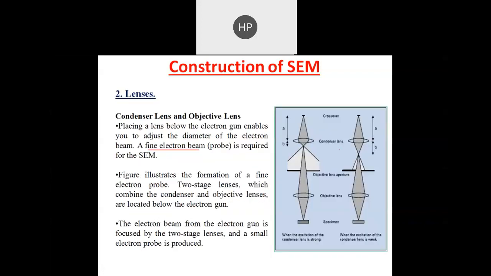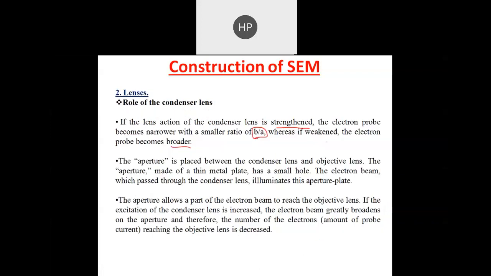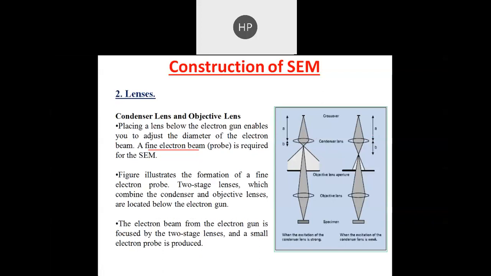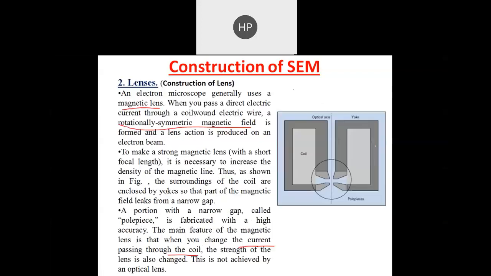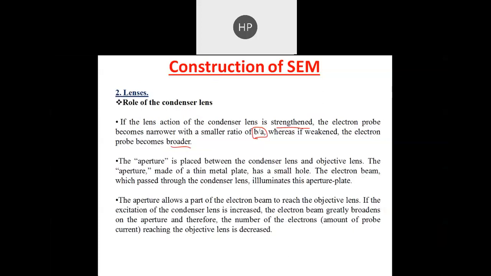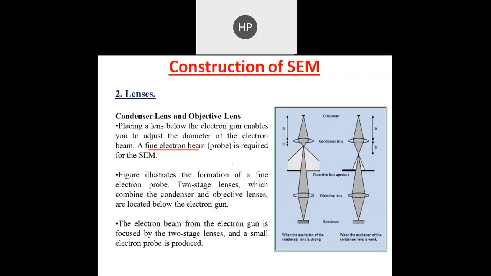So if the condenser is strengthened, the B by A ratio will be smaller, and if your condenser lens is weak, then the B by A ratio becomes larger, so the probe becomes broader.